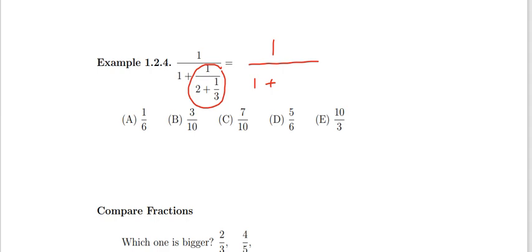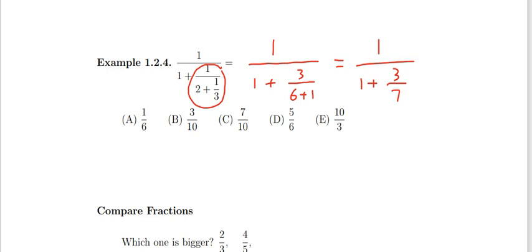So we just multiply by 3, right? So this one becomes 3, and 2 multiply 3 becomes 6, and this 1 over 3 multiply 3 becomes 1. So this becomes 1 plus, here 3 over 7, right?